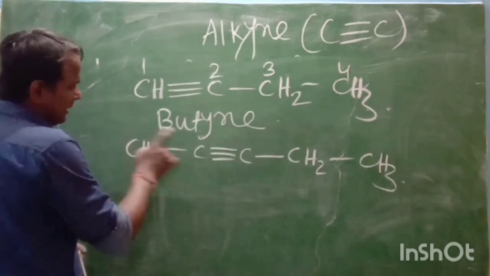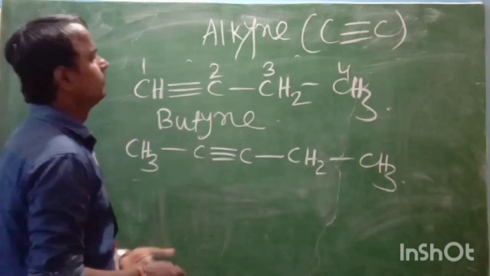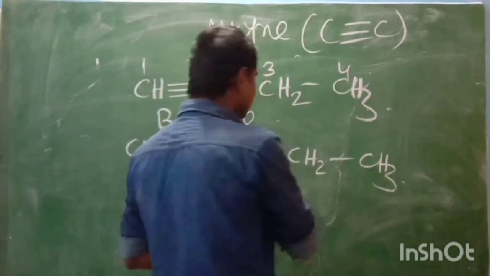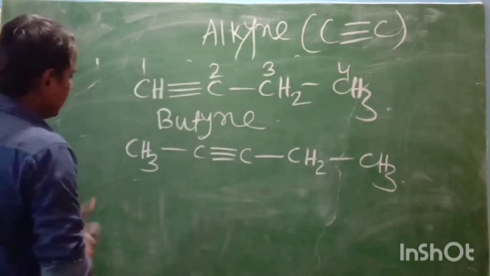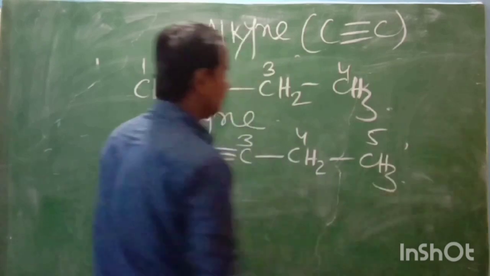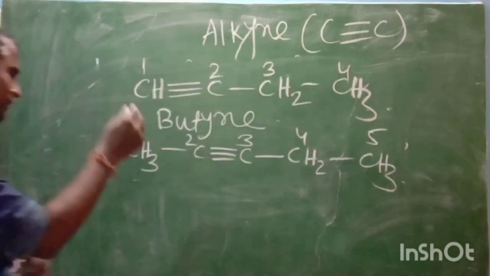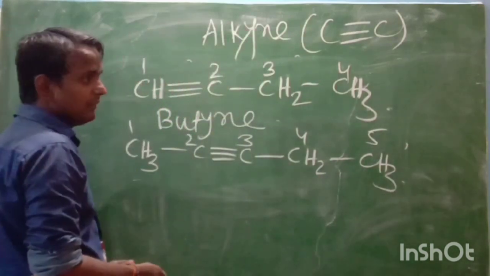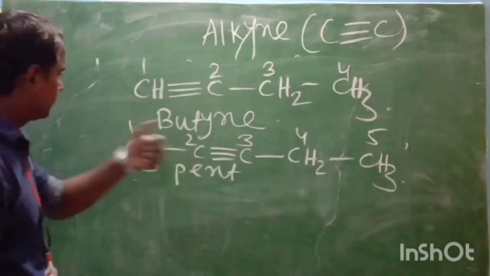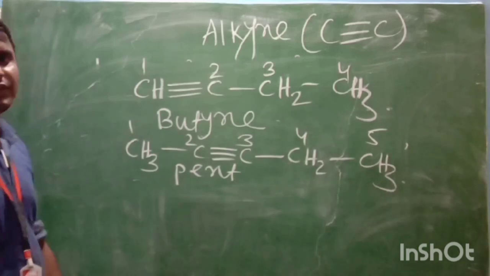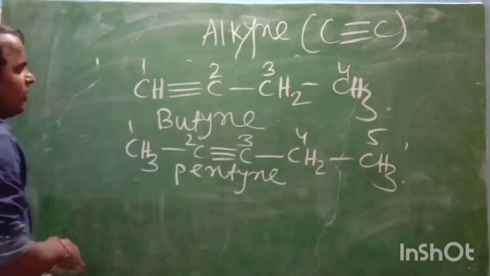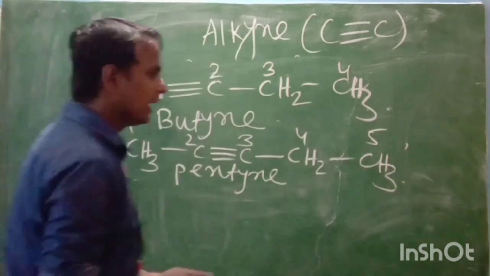From this side the triple bond comes in position 2, and if we number from this side, the triple bond comes in the 3rd position. So we number from this side, 1, 2, 3, 4, 5. The number of carbons is 5, which means pent, and for the triple bond the suffix is yne. So the name of this alkyne is pentyne.